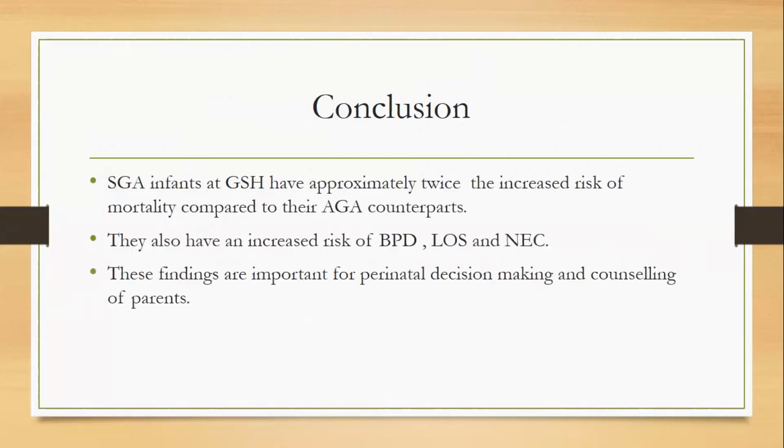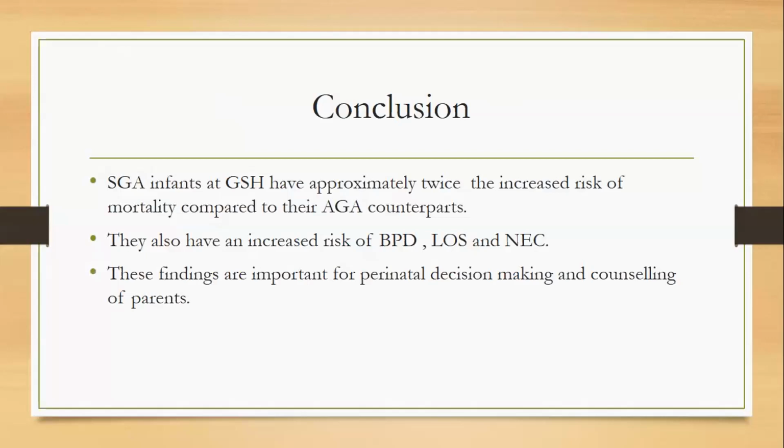So in conclusion, SGA, small for gestational age infants at GSH have approximately twice the increased risk of mortality compared to their appropriate for gestational age counterparts. They also have an increased risk of bronchopulmonary dysplasia, late onset sepsis, and necrotizing enterocolitis.